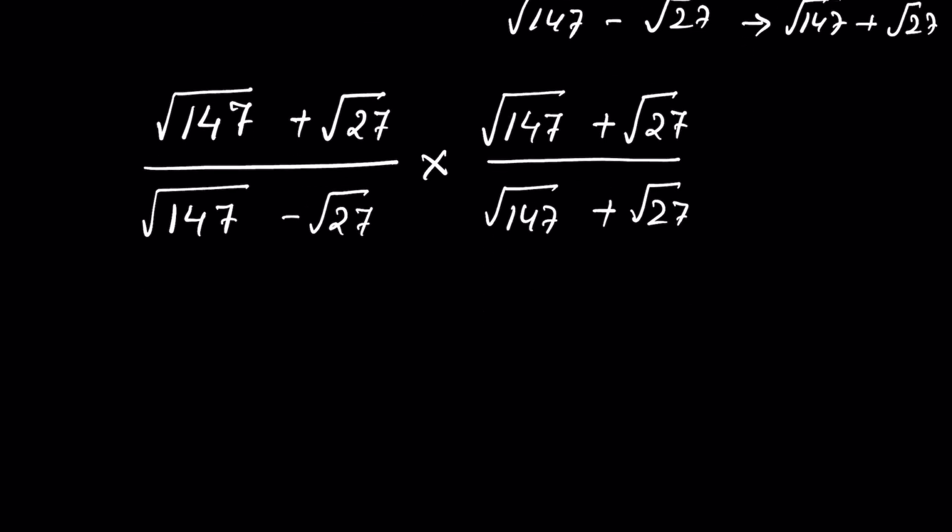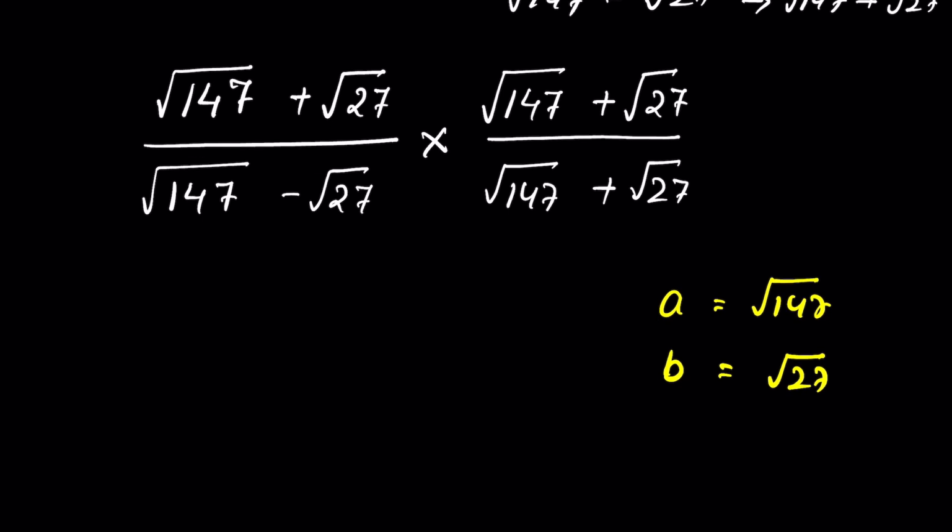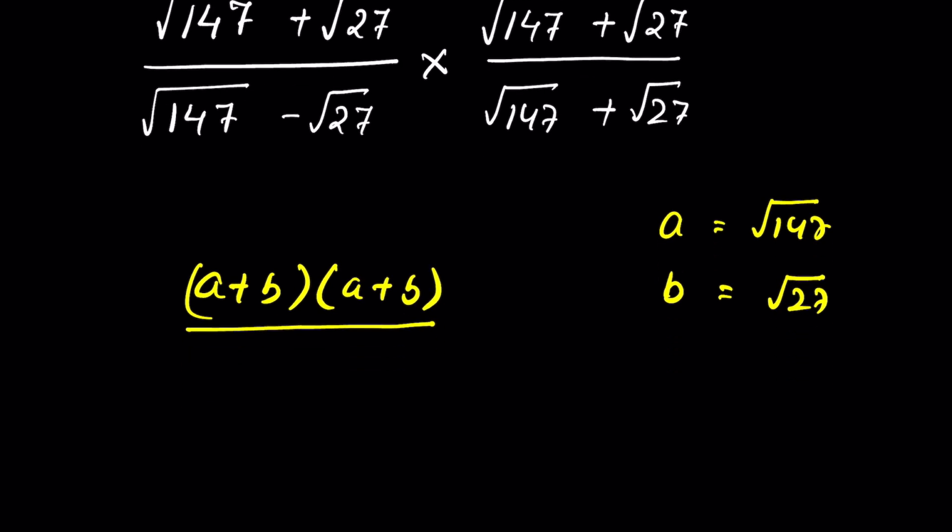Now if you consider a is equal to square root of 147 and b is equal to square root of 27, then the numerator is in the form of a plus b times a plus b, and the denominator is in the form of a minus b times a plus b.